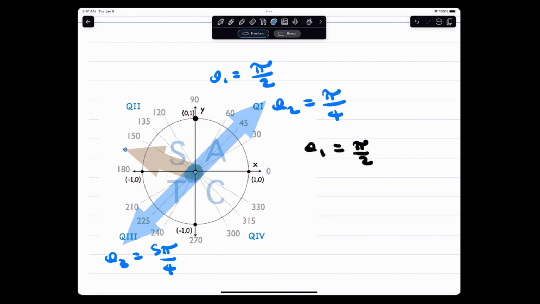Go the other direction. 1 rev, 2 revs, 3 revs. What do you think we do now? How do we get every coterminal solution? What do you guys think? Yes, you're going to add that 2n pi again. I'm going to change colors.